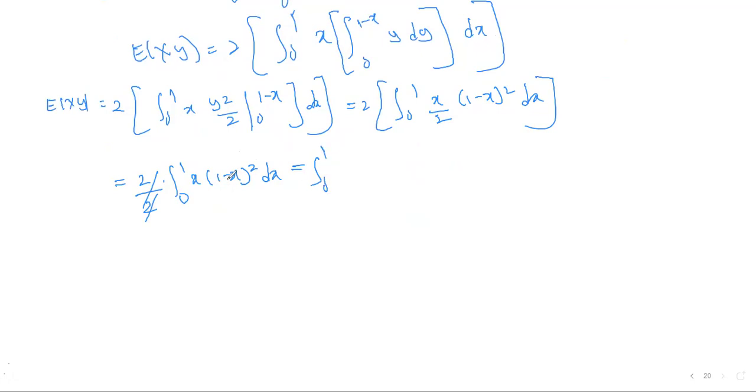0 to 1, I will apply the a minus b whole square formula, x into a square. So a minus b whole square equal to a square plus b square minus 2ab. So 1 square plus x square minus 2 into 1 into x, right, into dx. 0 to 1 x plus x cube minus 2x square dx, right?